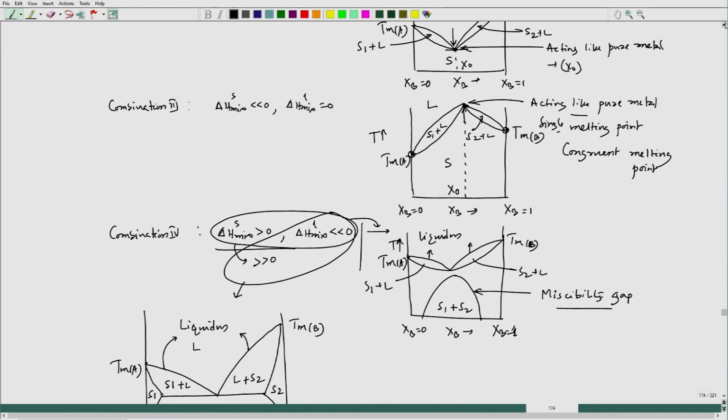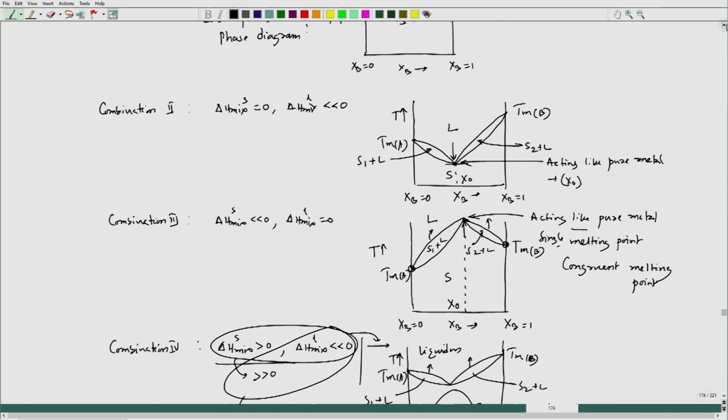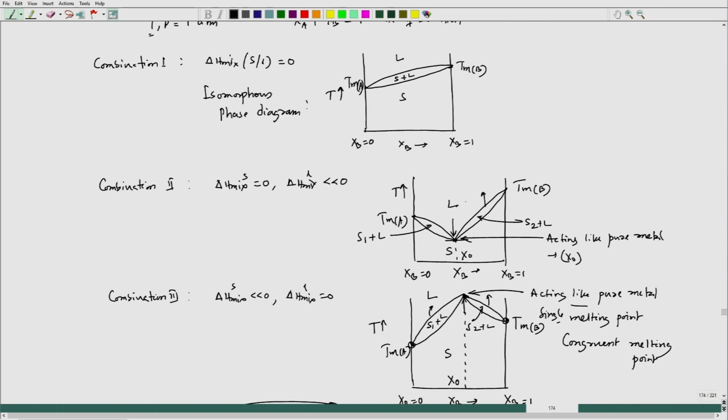Here also these two lines would be liquidus lines, and similarly these two lines are liquidus. This one is liquidus. So, here this and this are liquidus.